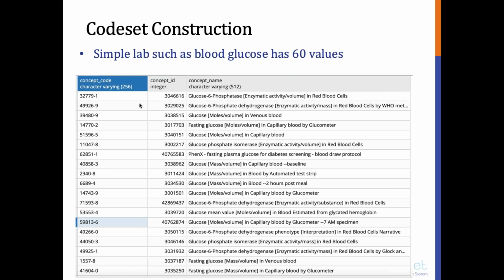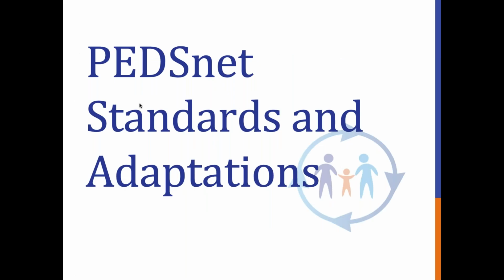You wouldn't just be looking for one concept ID that represents glucose. And I have to say there is a bit of a spread because we are accepting from hospitals an internal LOINC code, and it may well be that, say, CHOP and Nationwide and Seattle all pick different codes out of those 60 to mark their serum glucoses. So a little more work involved in code set construction there.